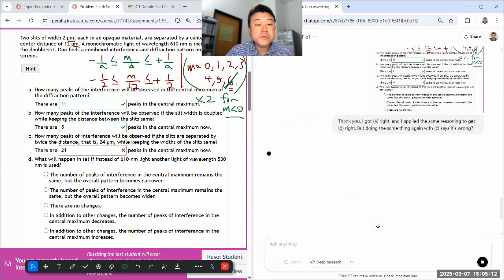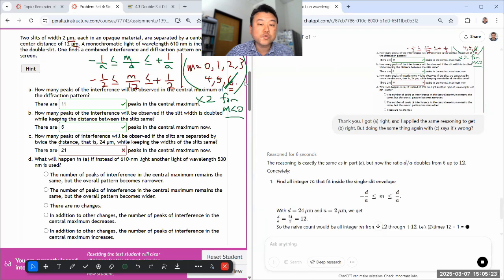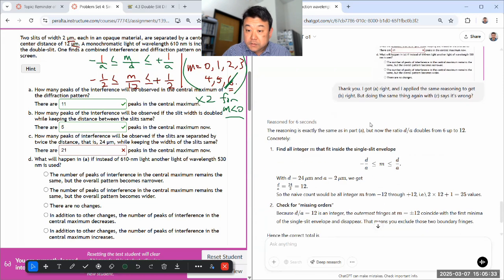So when you double the distance, then the orders will go up to order 12, which will become a missing order. So 11. So I guess it's 11 on either side. So that should be 23, I think.